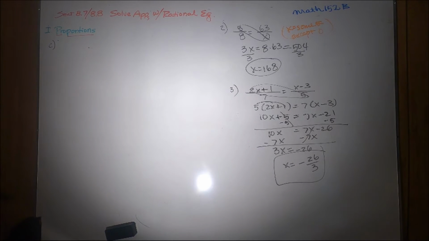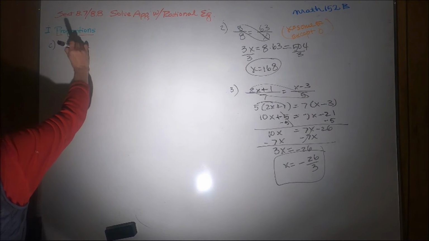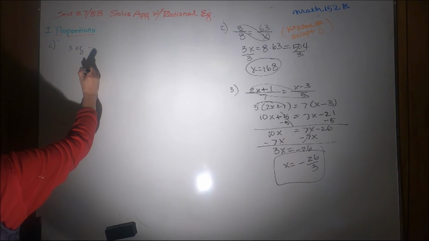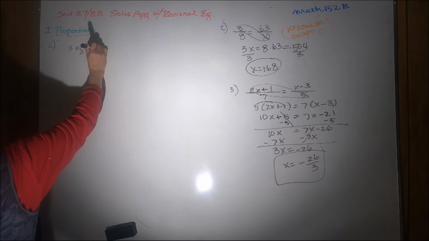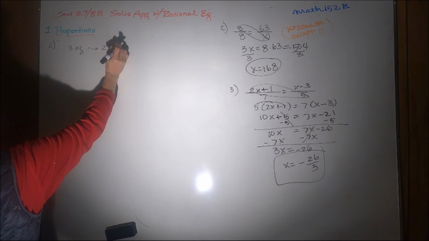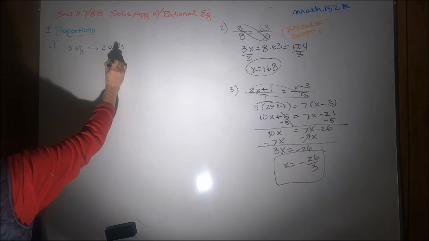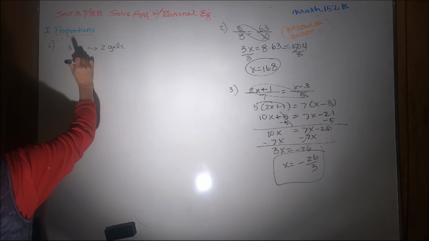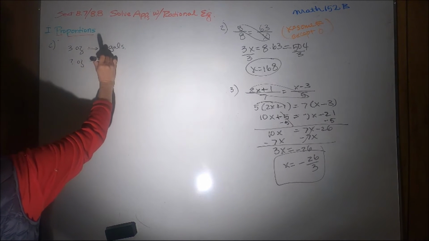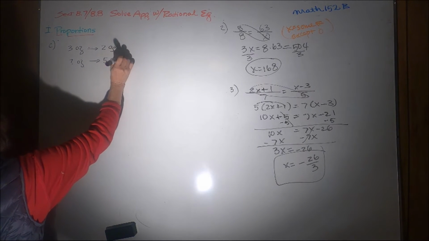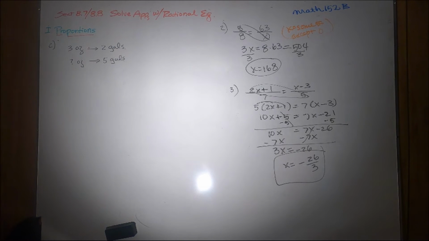First one, the directions for a certain bug spray concentrate, right, are to mix what? 3 ounces of concentrate with what? 2 gallons of water. Then how much concentrate do we need for the 5 gallons of water, right?